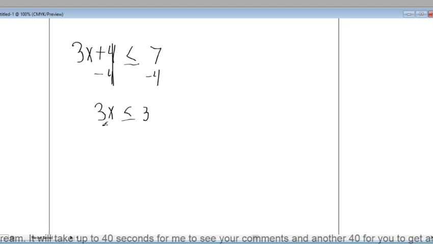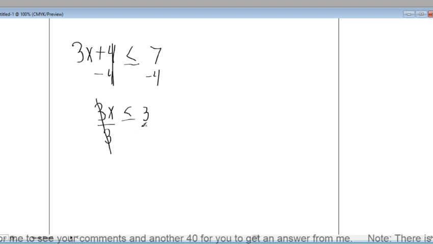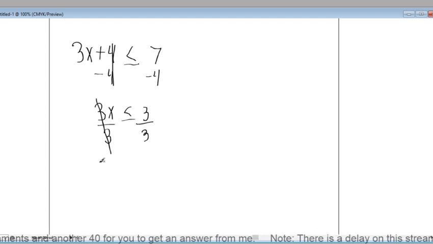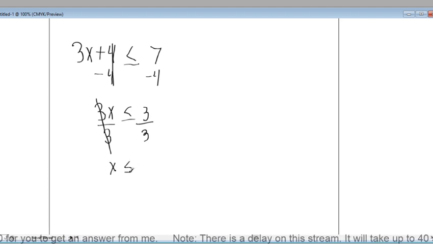Then one more step to get to our solution. We need to divide the 3 off of here. Since the 3 is multiplying by x, we divide it off to do the opposite. That cancels, and we do the same thing to this side, which means that our solution here is that x must be less than or equal to 3. I'm sorry, 1. 3 divided by 3 is 1.